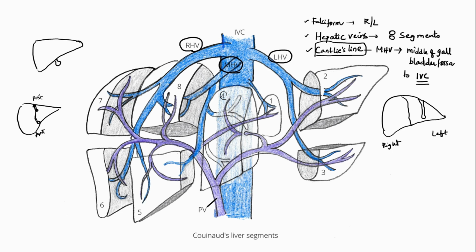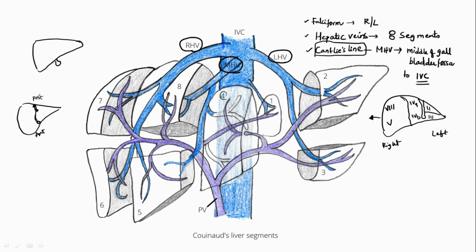Now, when you look at the segments, this is segment 2, this is segment 3, and to the right of the falciform ligament and to the left of Cantlie's line, we have segment 4A and segment 4B. When you look from the front, it is segment 5 and segment 8 which are to the most right.